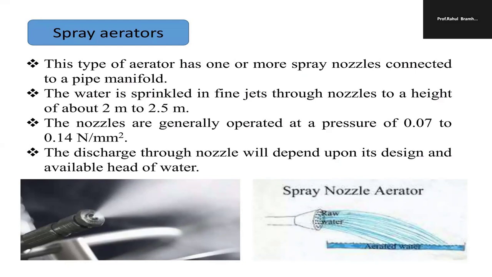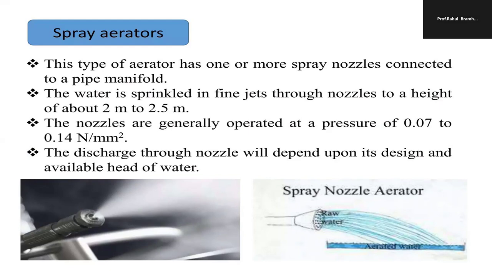With the help of these spray nozzles, water is sprinkled in fine jets to a height of about 2 meters to 2.5 meters. When the sprayed water comes into close contact with the air, carbon dioxide is removed and oxygen is absorbed into the water, and the aeration process is achieved.